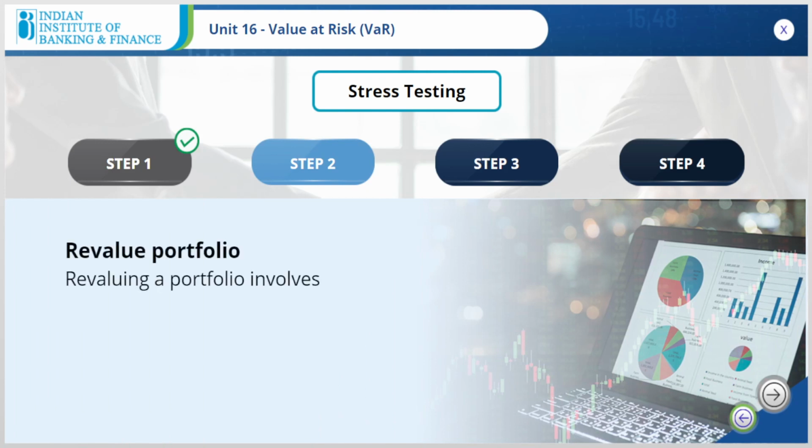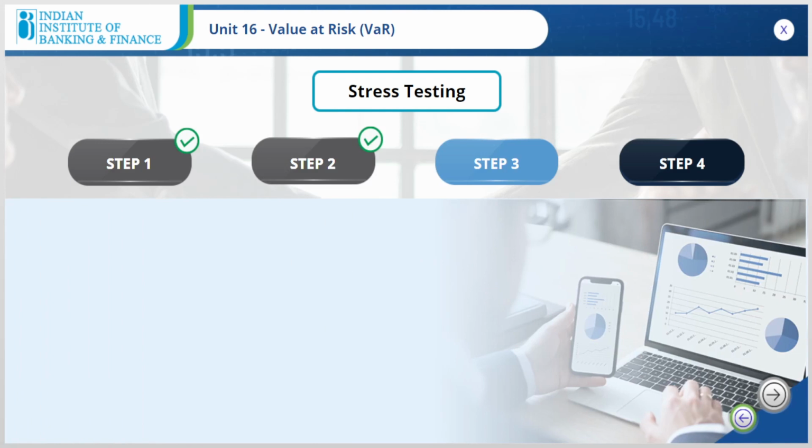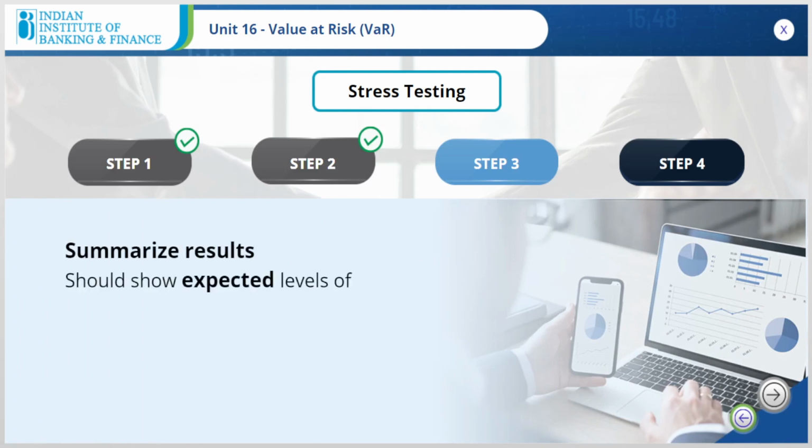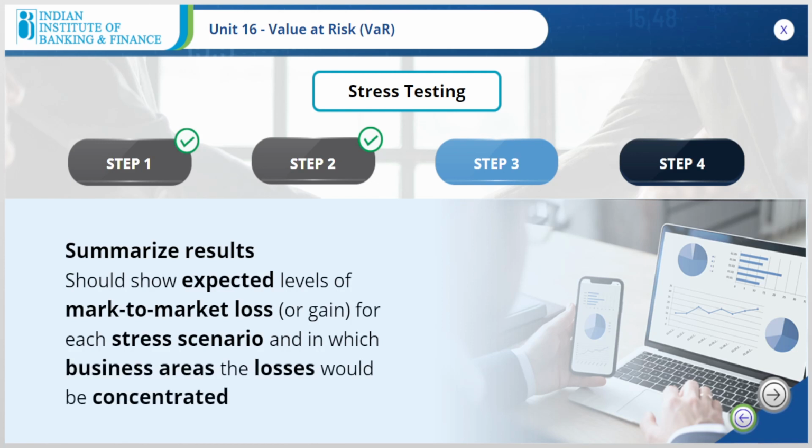Revaluing a portfolio involves marking to market all financial instruments under new worst-case market rates. Step 3. Summarize results. A summary of results should show expected levels of mark-to-market loss or gain for each stress scenario and in which business areas the losses would be concentrated.